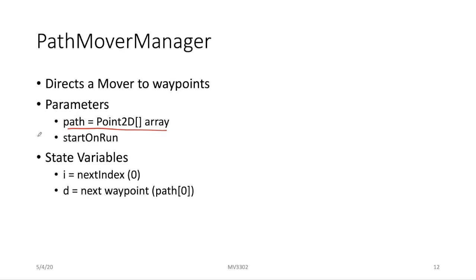Now, it turns out that it's also useful to have a Boolean that says I want to start immediately, rather than waiting for somebody to tell me what to do. Its state variables, now thinking of the path, are really two, although they can be a little redundant, but in debugging and making sure it's working, one is going to be the next index of my path.